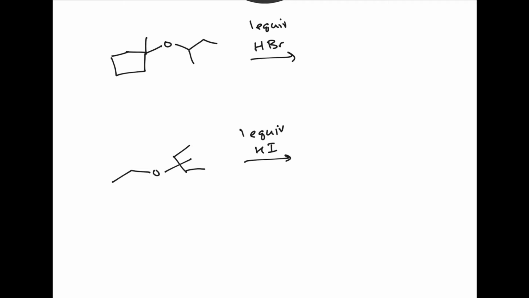Right, so we're going to break this bond here, because that carbon is tertiary. I just want to show some other examples so you don't always think it has to be a tert-butyl group.